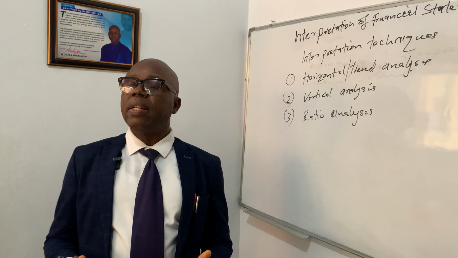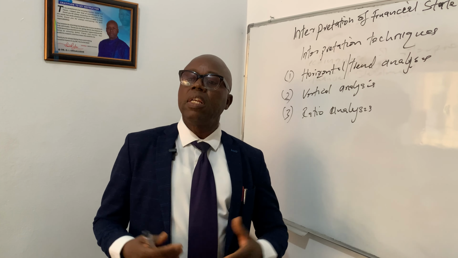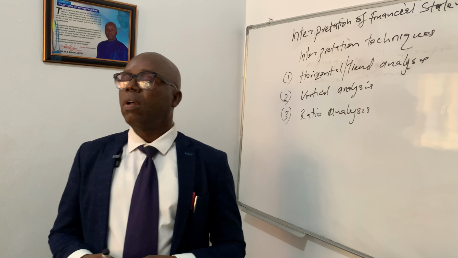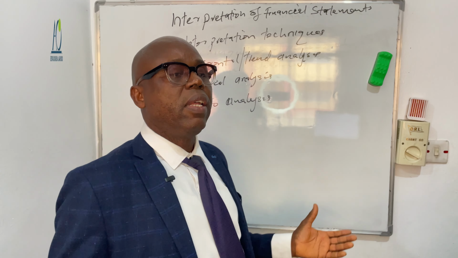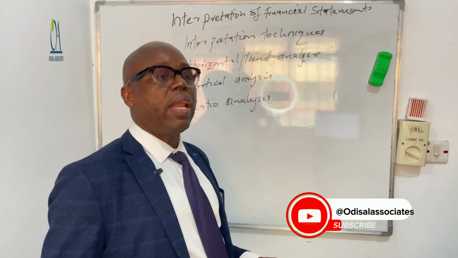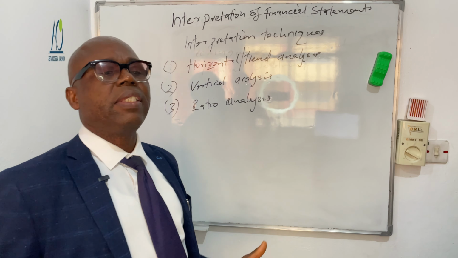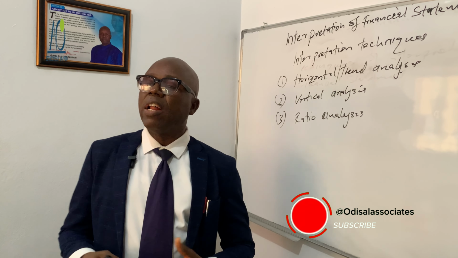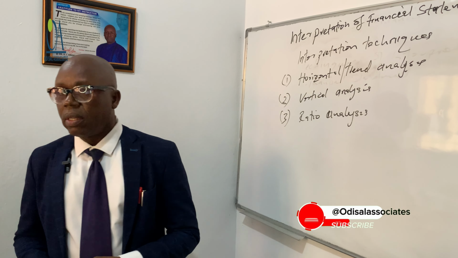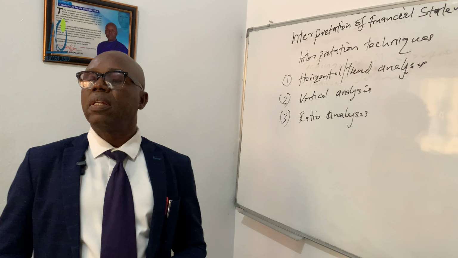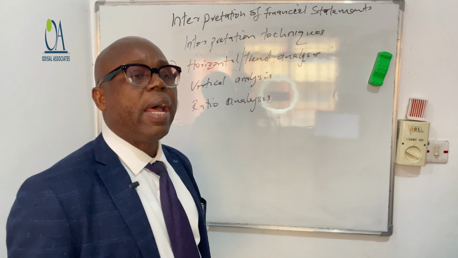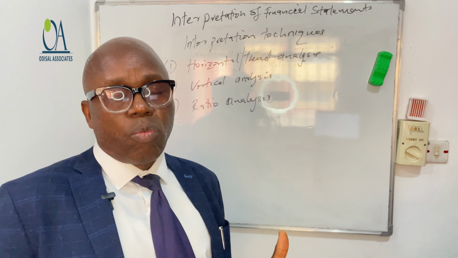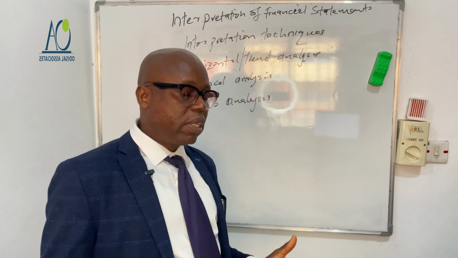While vertical analysis examines each financial statement component as a percentage of a base figure, say total revenue or total assets. Ratio analysis calculates various ratios to evaluate a company's liquidity, solvency, profitability, and efficiency. These are ways that financial statements can be interpreted.